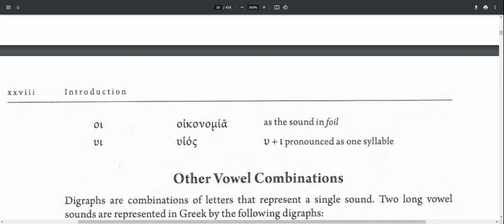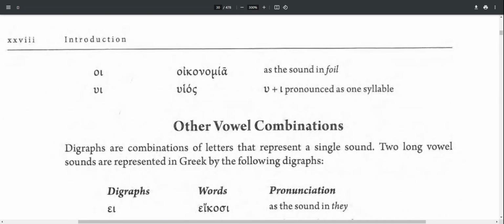Sometimes I pronounce ui, but I should pronounce something like uy, huios.